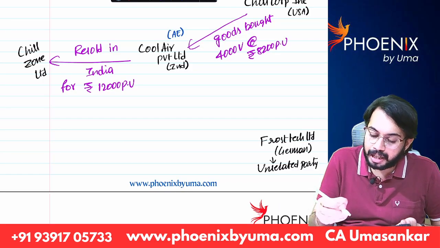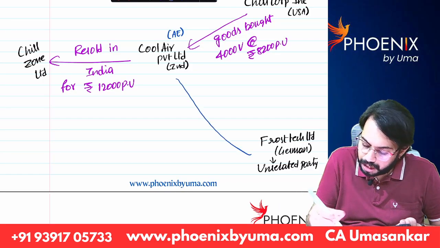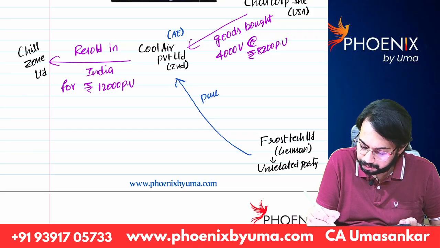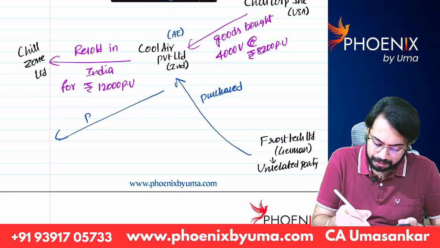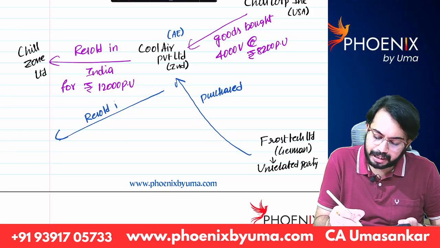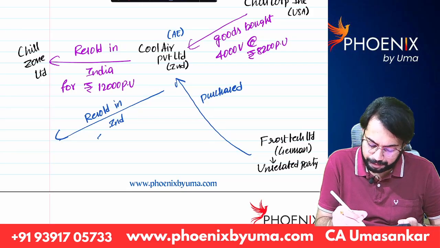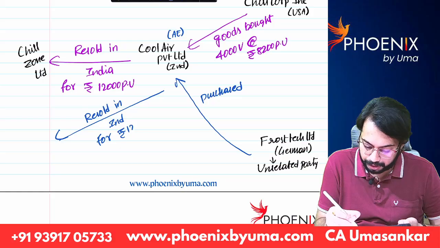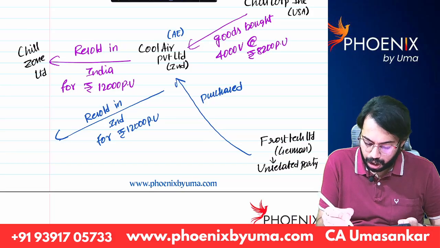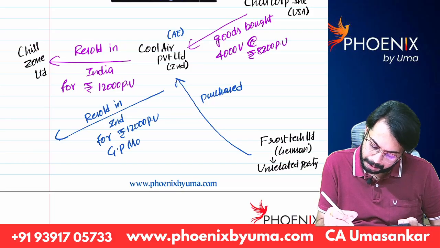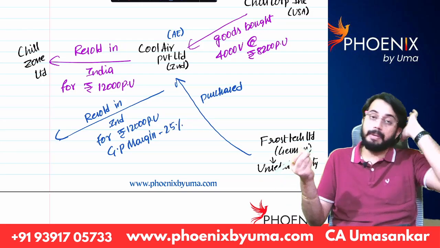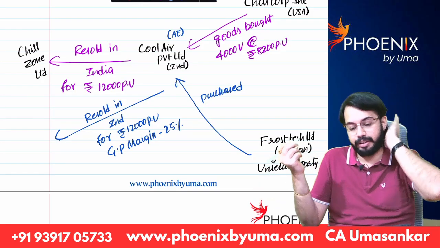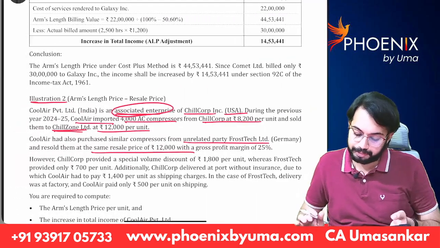So from the unrelated party also goods are purchased and resold in India at rupees 12,000 per unit. How much is the GP margin? GP margin is 25%. So this is the information.